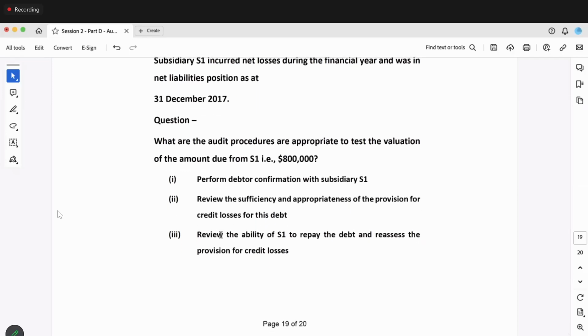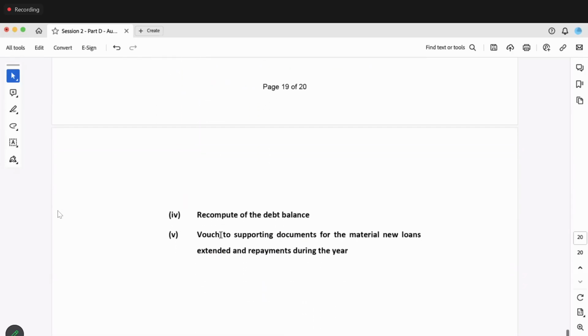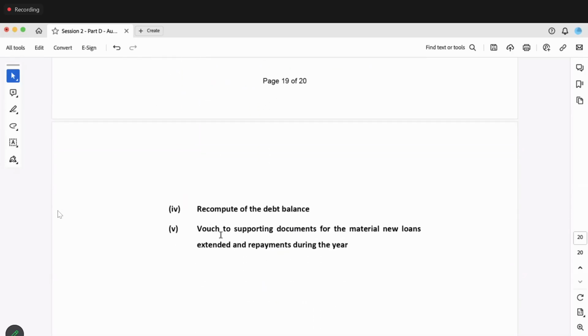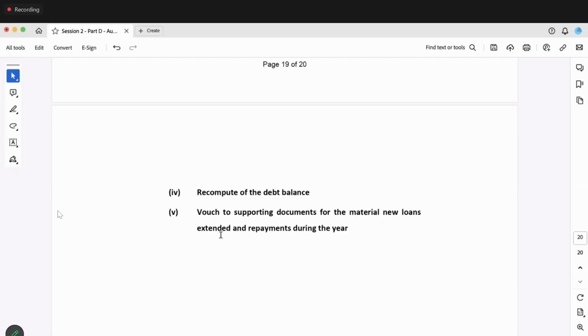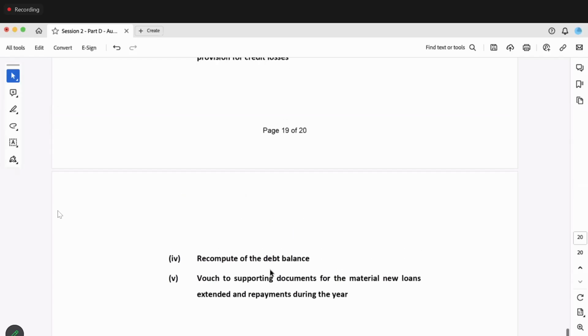Number 3, review the ability of S1 to repay the debt and reassess the provision for credit losses. Number 4, recompute the debt balance. Number 5, vouch to supporting documents for the material new loans extended and repayments during the year. So it means that with this one you check the movement.